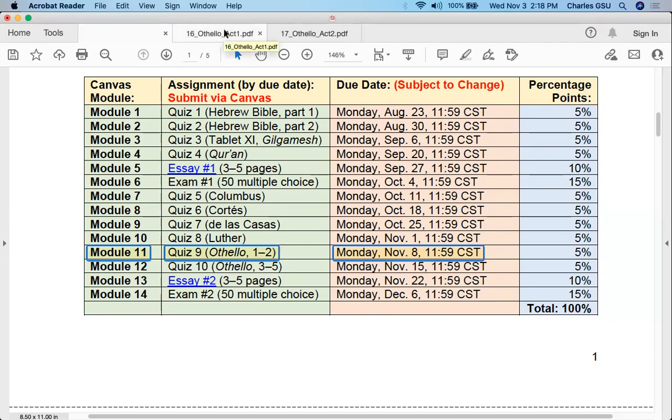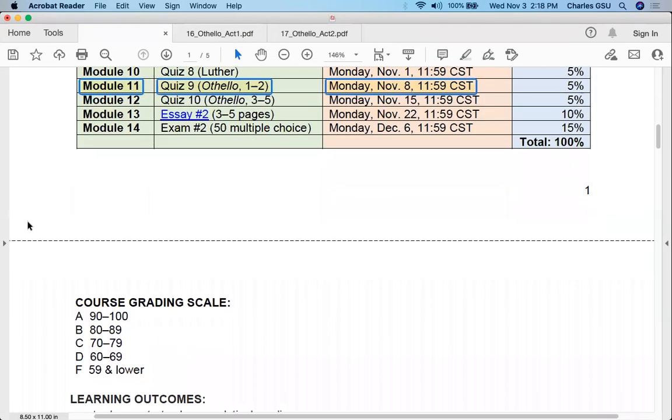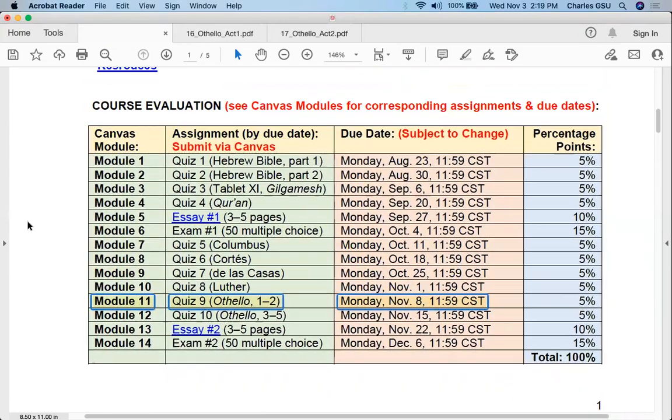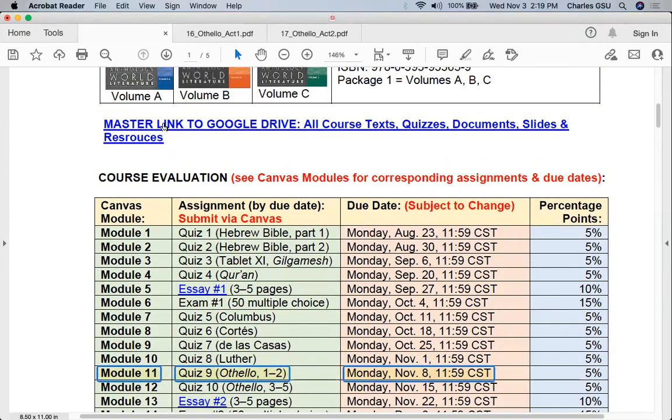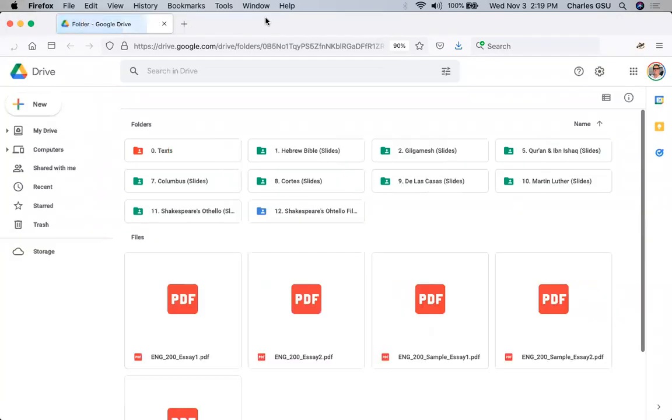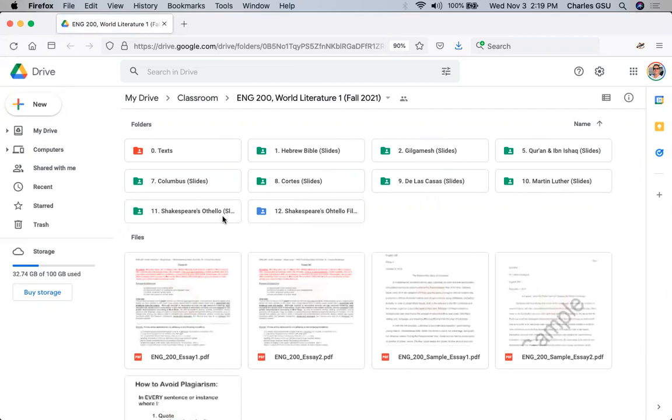And there are readings inside of the Google Drive of our course that have each act individually broken down. So if you click on the link to the Google Drive, you'll see here two folders really.